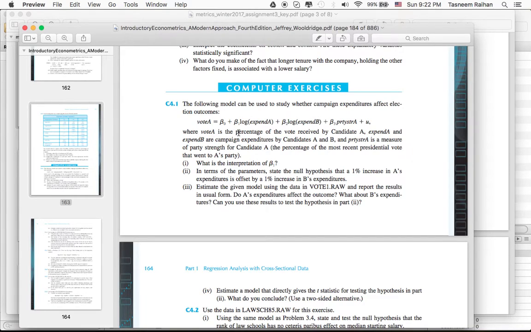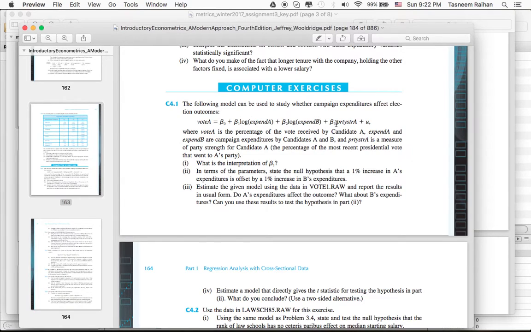So whenever you have a level log model, to interpret the beta, what you need to do is divide this beta 1 by 100. Similarly, if you want to interpret beta 2, because the associated variable is also in logarithm, and of course the dependent variable is in level, you have to divide this beta 2 as well by 100.